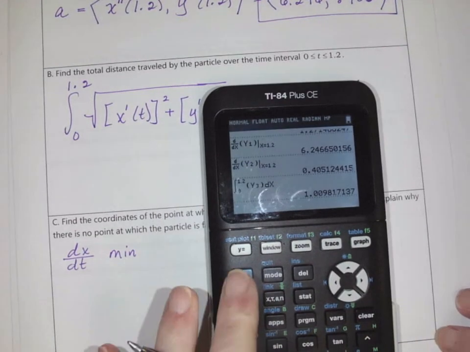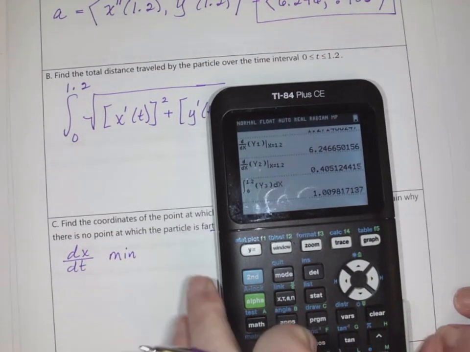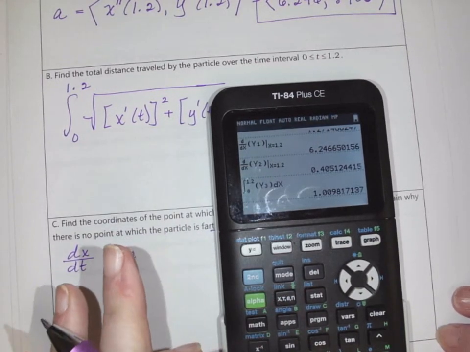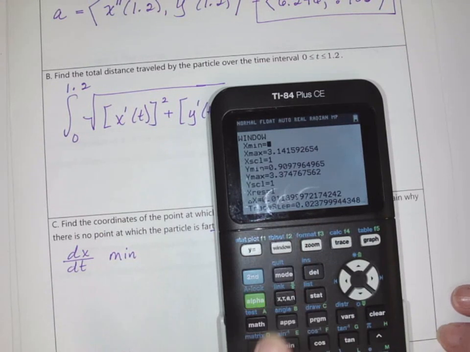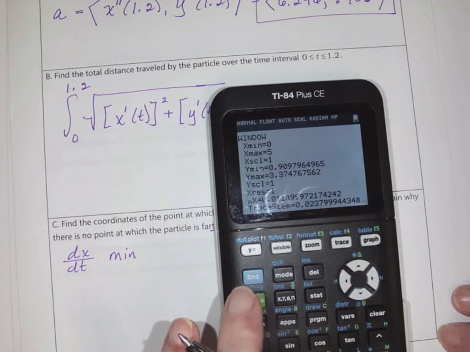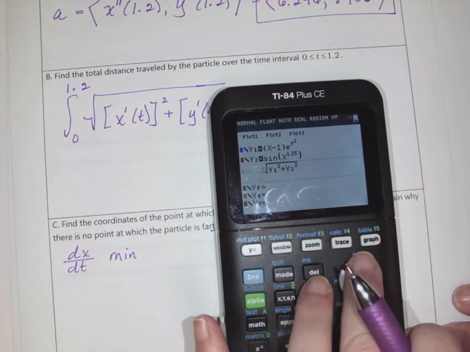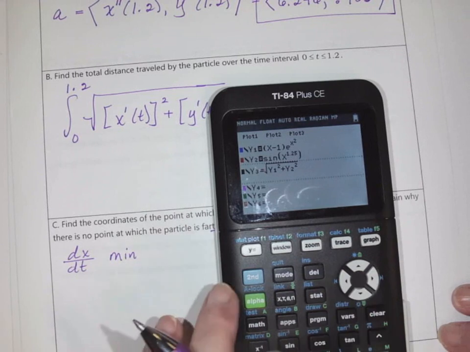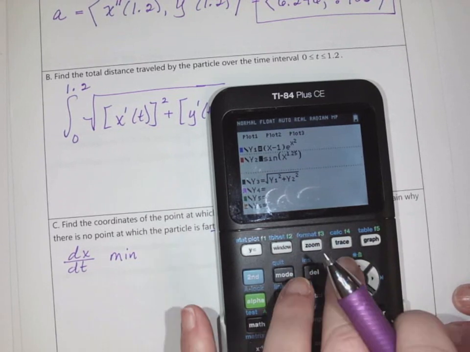So if we look at our graph, let's see, we are going between, or it's greater than 0. So let's see, what should I change my window to? Let's go 0 to 5. Let's see where that gets us. And I do not care about graphing my speed. Actually, I really only care about graphing my x dt.